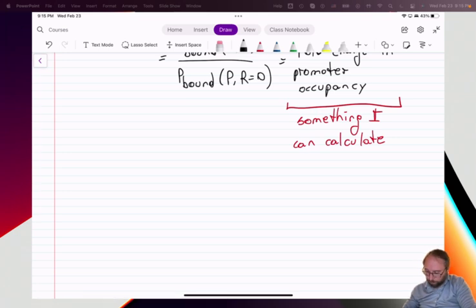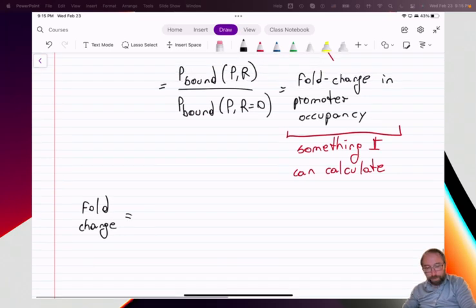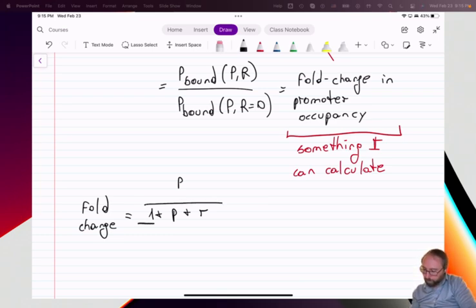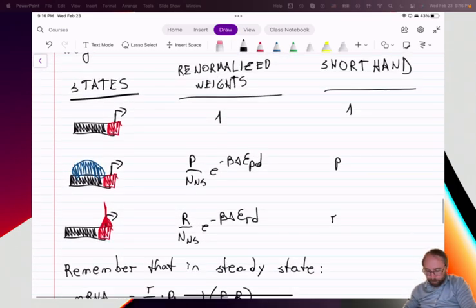Because then the fold change, and now I'm going to use the fold change in promoter occupancy or the fold change in gene expression interchangeably, is P bound in the presence of polymerase and repressor. So that's p over 1 plus p plus r, divided by p over 1 plus p, because little r is this term here, and in the absence of repressor, the term is 0.